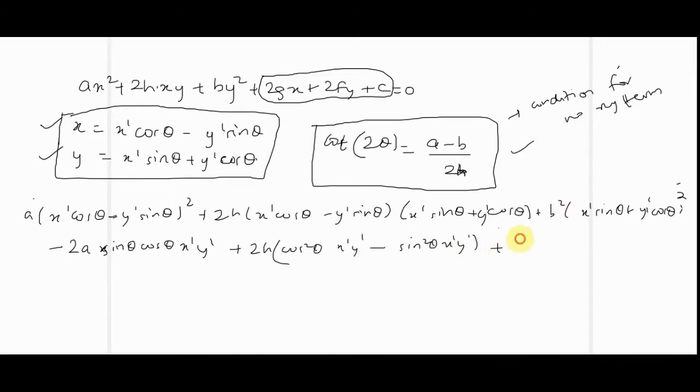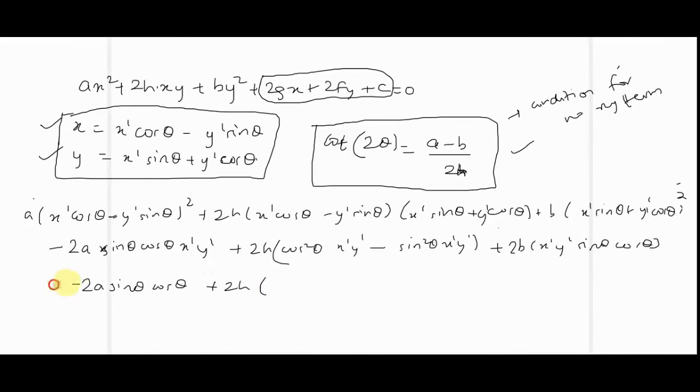From the last term you have b, not b square, just b, times x prime y prime sin theta cos theta, 2b actually. So the coefficient of x prime y prime we got is minus 2a sin theta cos theta plus 2h (cos square theta minus sin square theta) plus 2b sin theta cos theta.